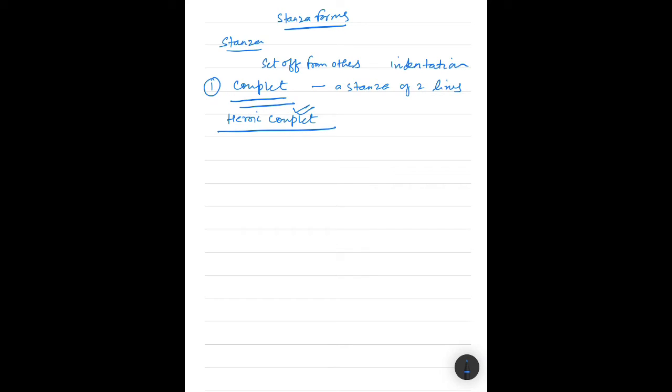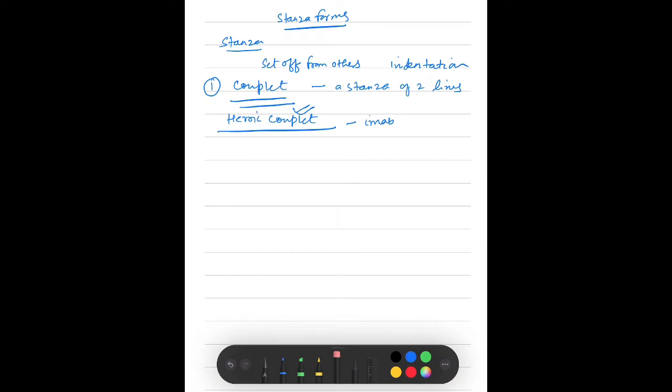So, heroic couplet is a stanza of 2, and then this word you will remember, that is iambic pentameter lines.